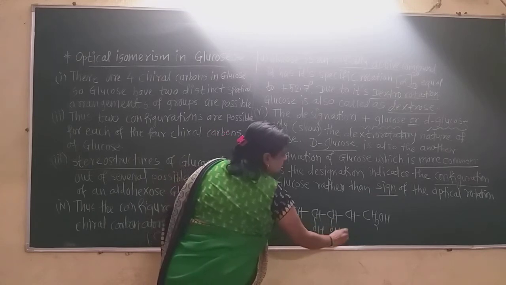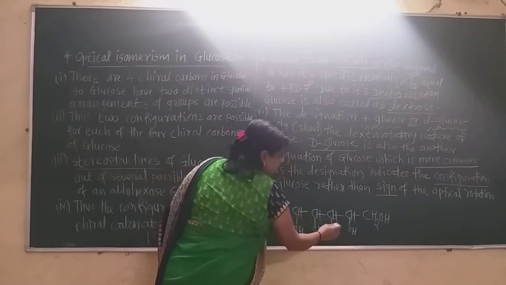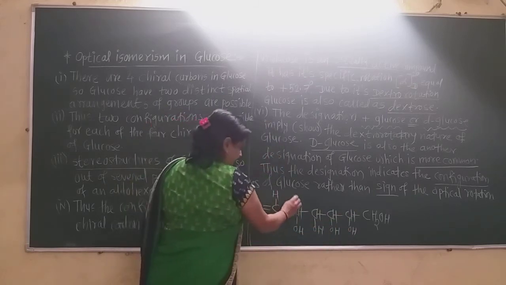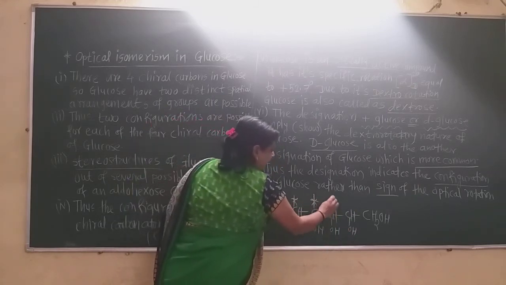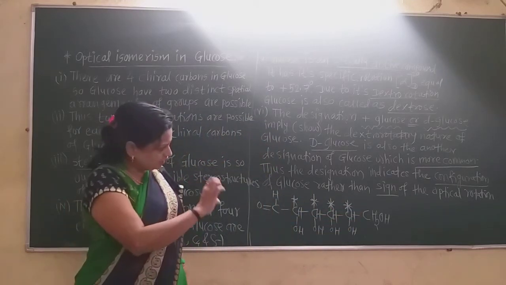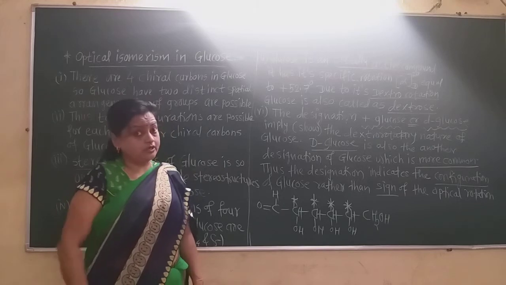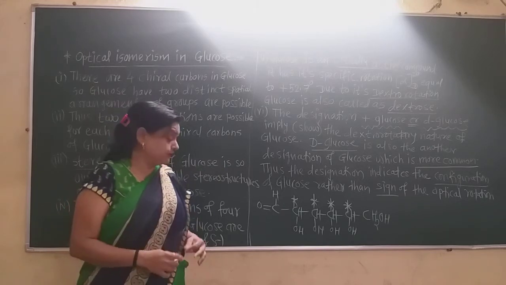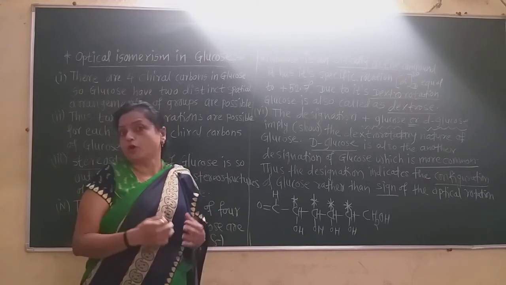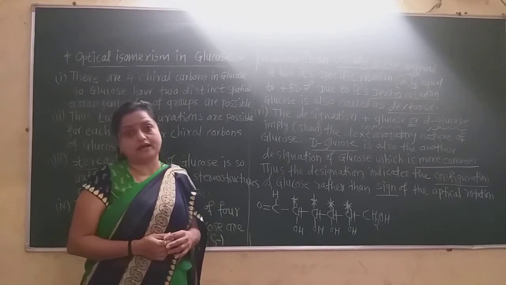This is the somewhat structure of the glucose molecule, and these are the 4 chiral carbon atoms, because they have their valencies satisfied by different atoms or different groups of atoms. So they are the asymmetric carbon atoms.